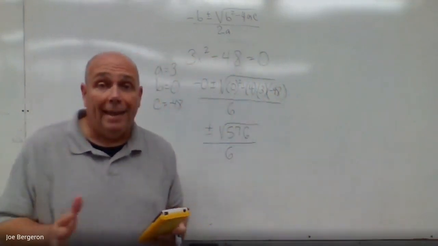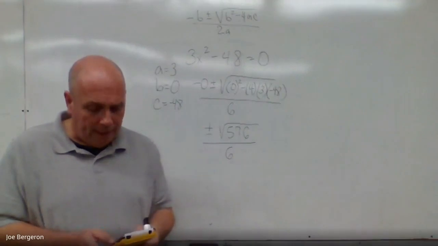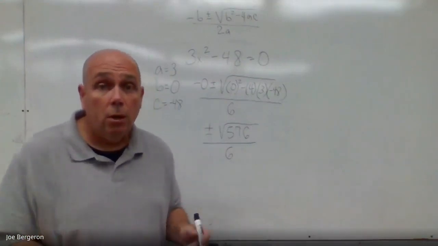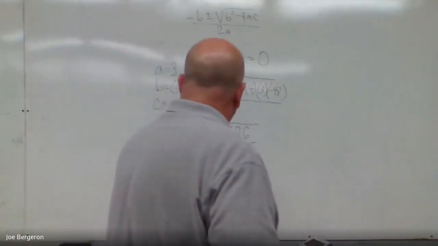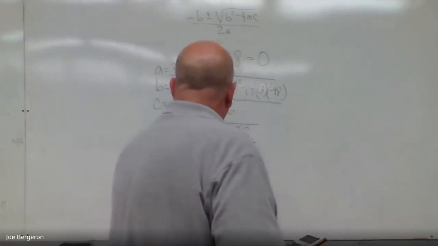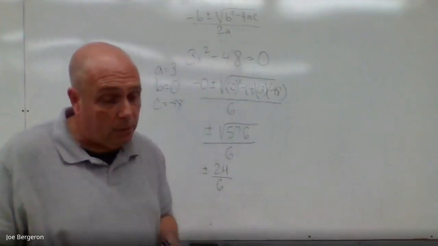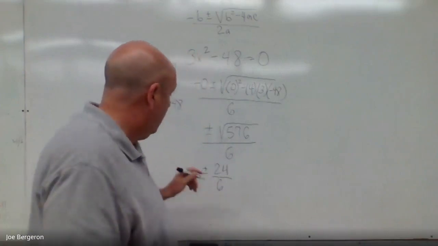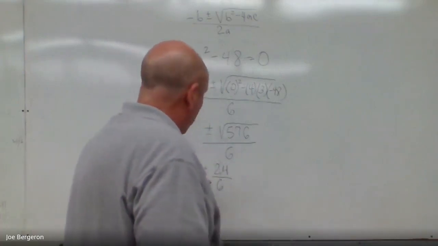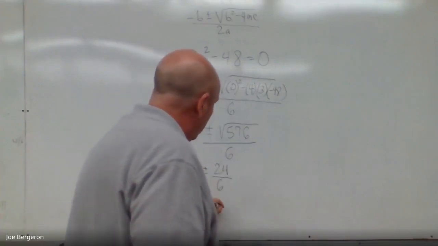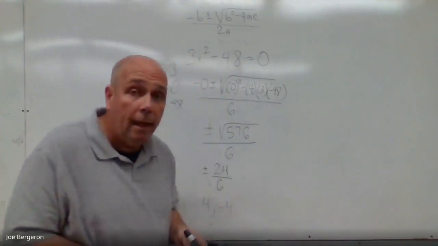Now, again, we're going to stick with the discriminant, and we need to find out the square root of 576, and that comes to 24. So what are the answers? Well, the answers would be 24 divided by 6 is 4. Negative 24 divided by 6 would give us negative 4.